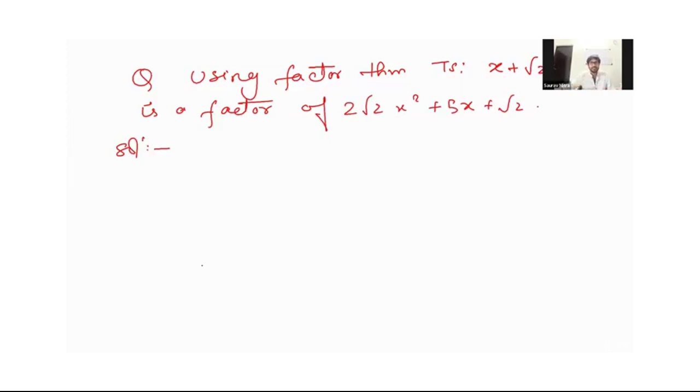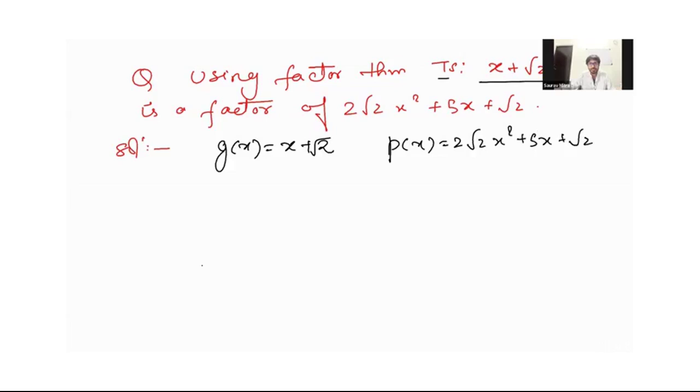So again, let this dividing polynomial be g of x, and p of x will be 2 root 2 x square plus 5x plus root 2.